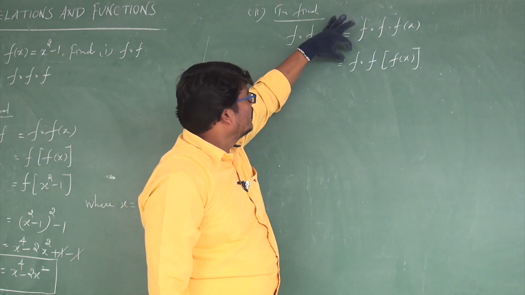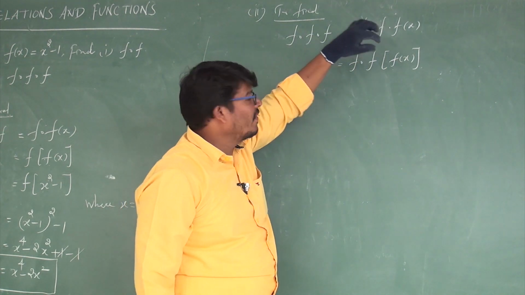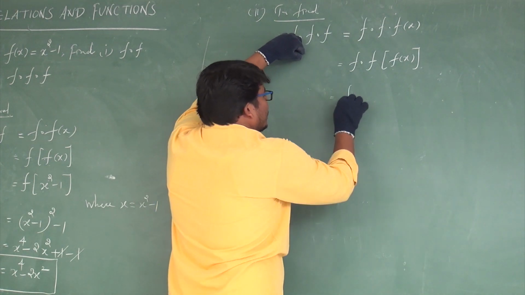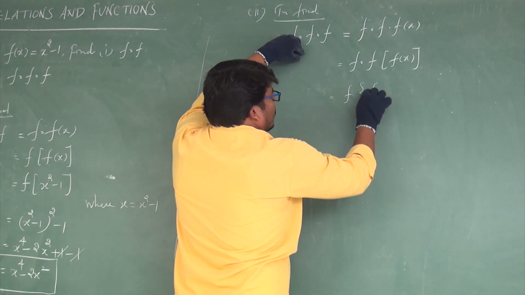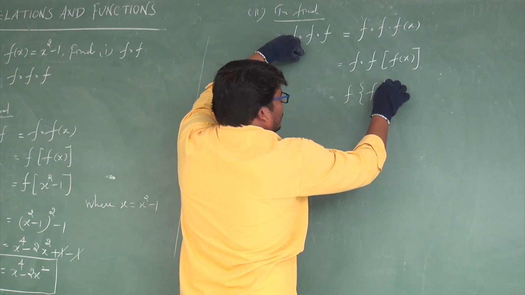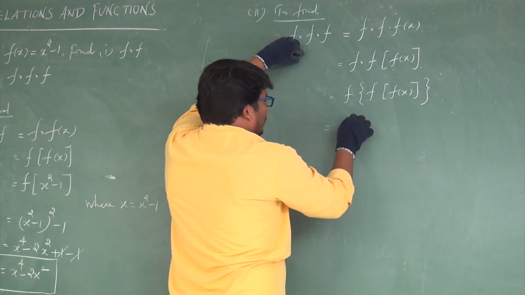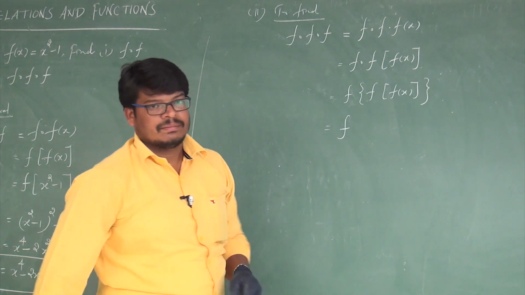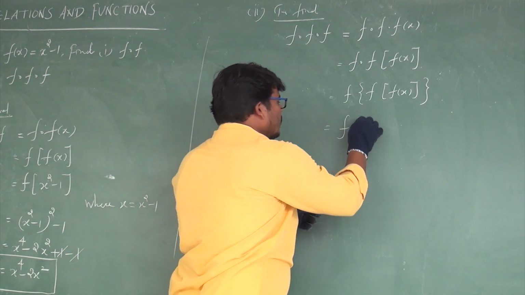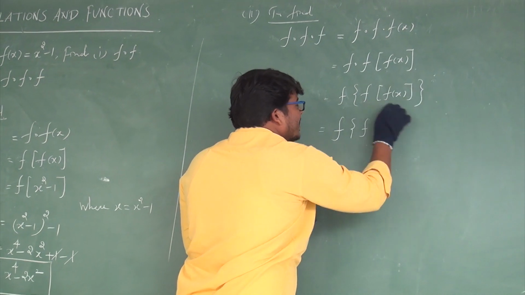Now we can return f dot of f of x, that is f of f of x. f of x is already given.